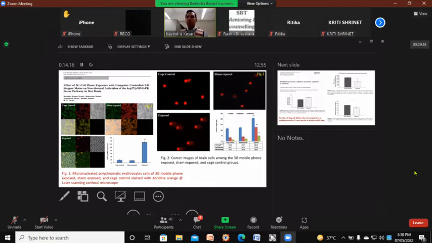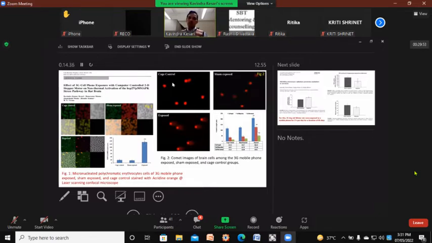So this is confirming that there is DNA damage, and you can also analyze apoptosis and several other things. I mean DNA single strand break, DNA double strand break, whatever you want, you can check from here.